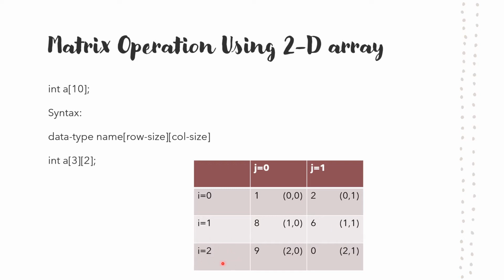Then i will get incremented, and I have accepted the value 9 for i equal to 2 and j equal to 0, and for i equal to 2 and j equal to 1, the value is 0. This is how we will accept the values. First we will increment the inner loop, that is j, and then the outer loop, which is i. So basically we will need two for loops, one for i and one for j.